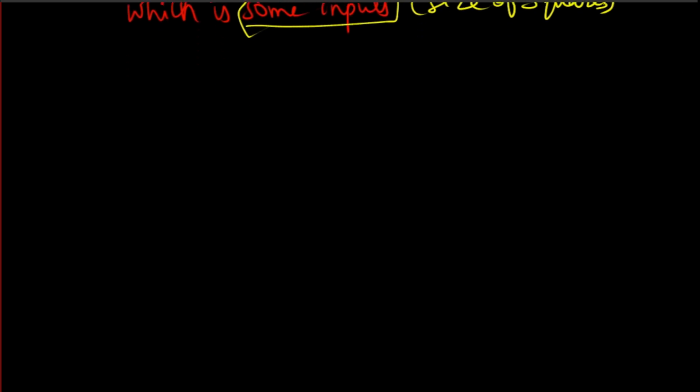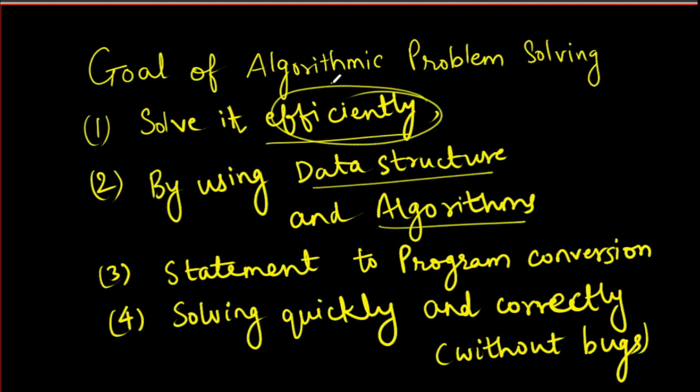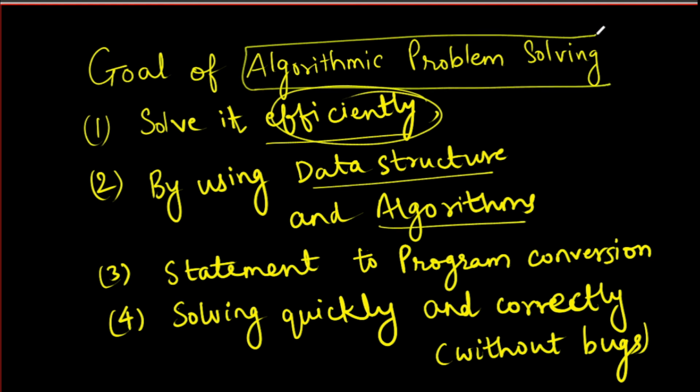And let us have a look at what are the goals of algorithmic problem solving. One is required to solve it efficiently using data structures and algorithms. That's the main purpose of algorithmic problem solving.